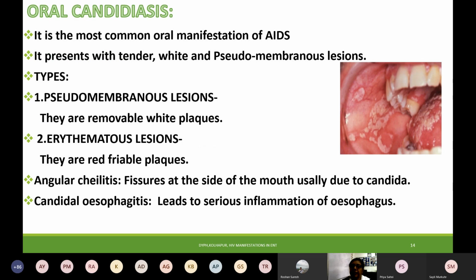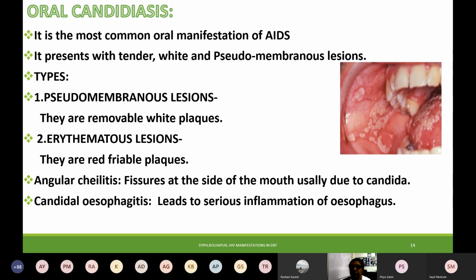In oral candidiasis, what happens? If you see the picture, the patient will come like this. They can come with other diseases also, but if the patient comes with so much oral leukoplakia and plaques, then you should think about HIV also. It is the most common oral manifestation of HIV.